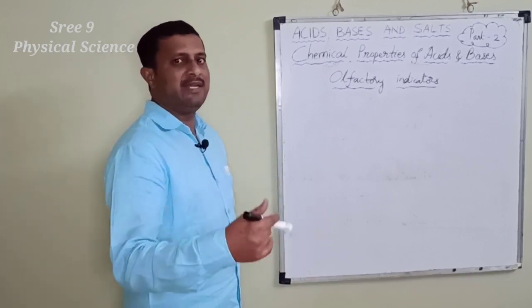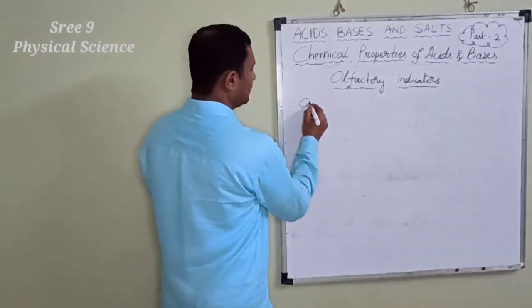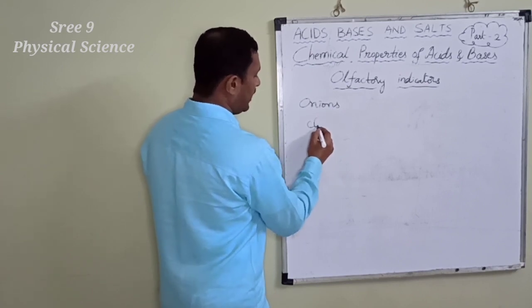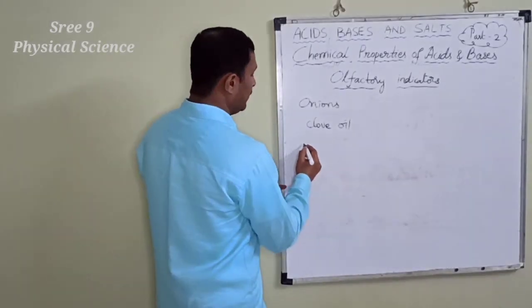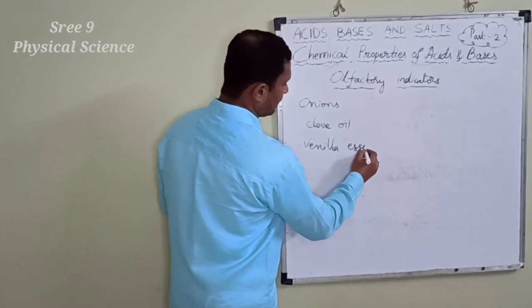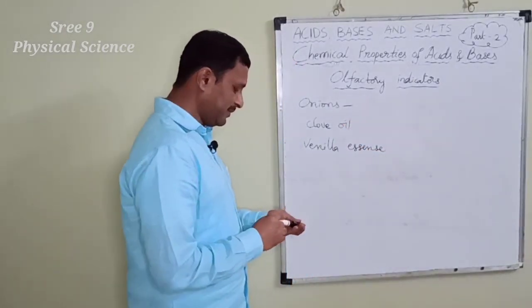Here we discuss some examples like onions, clove oil, and vanilla essence. So how to check onions? Simple.